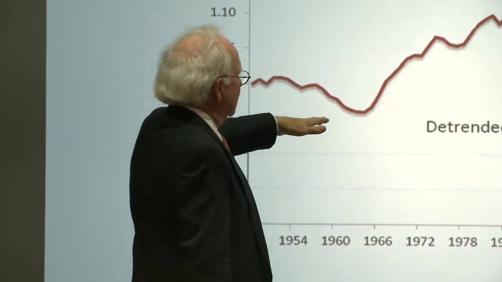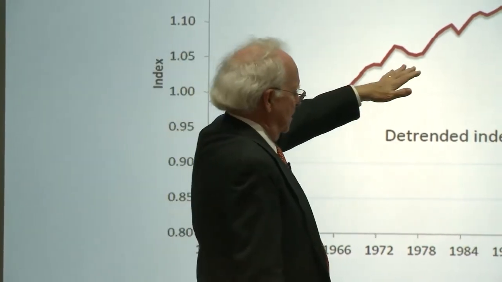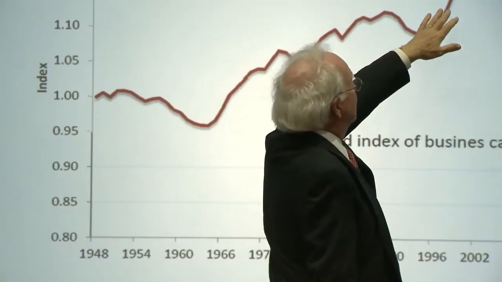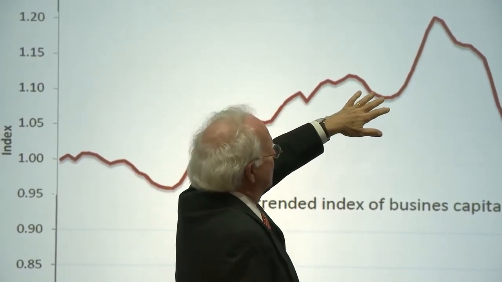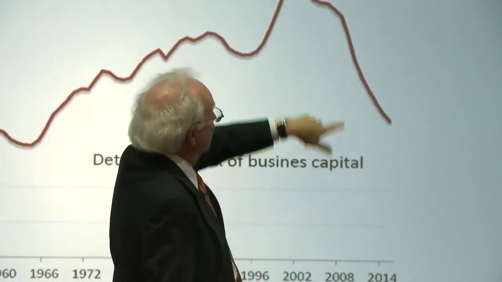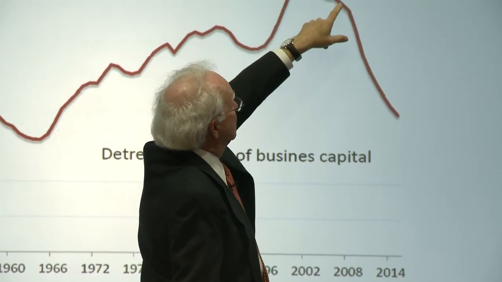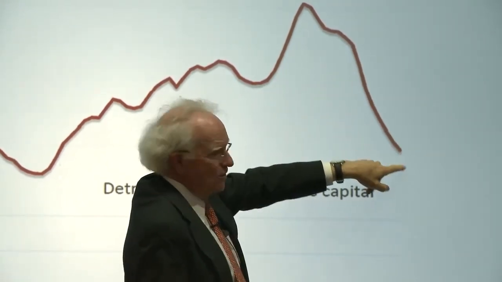So like many things, it has varied. It too had a big increase at the same time that IP capital did, and then since then, and again, this is well before, it was declining and then declined more rapidly. Here's the crisis, and it appears to be still declining.